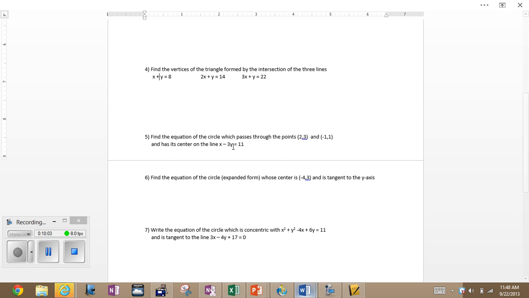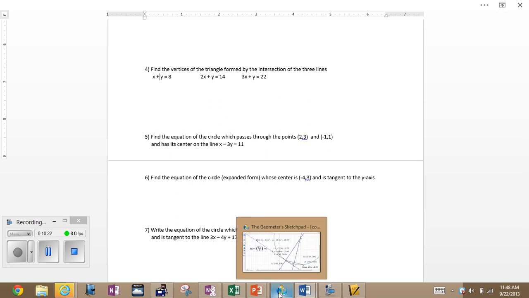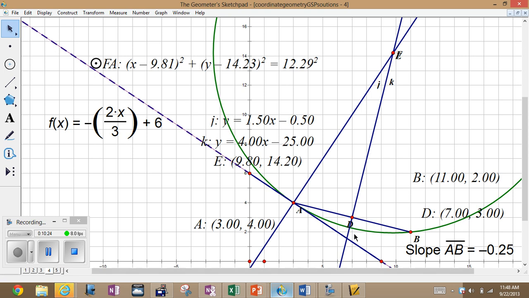And from there you can find the equation of the circle, because then you need to find the radius. Having the center, the distance between the center and any point on the circle, one or the other of these, will give you the radius. So there you go. That goes back to this construction.